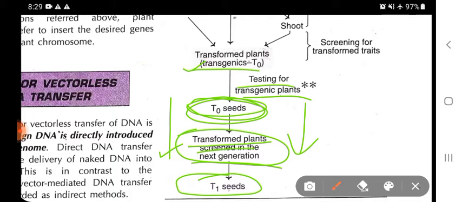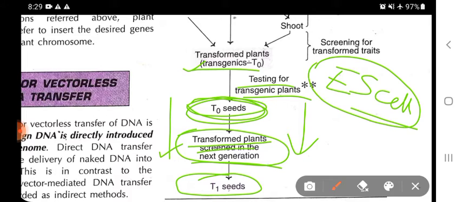So in most cases, when we create transgenic mice, transgenic cattle, or any other transgenic animals, we use embryonic stem cells, which have the capability to differentiate into any cell type.